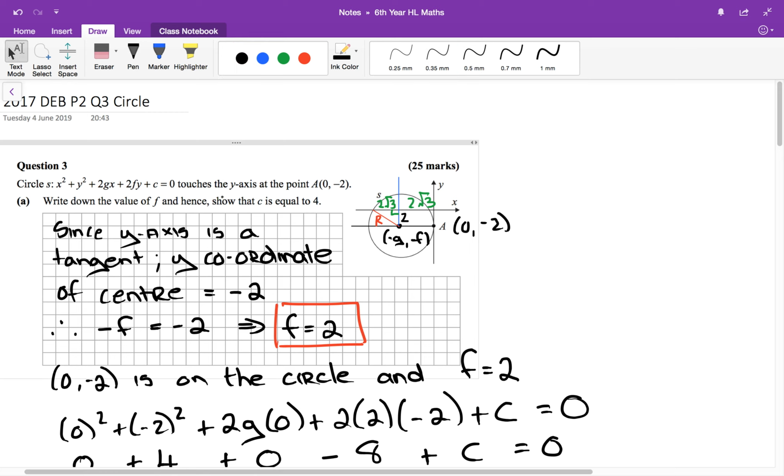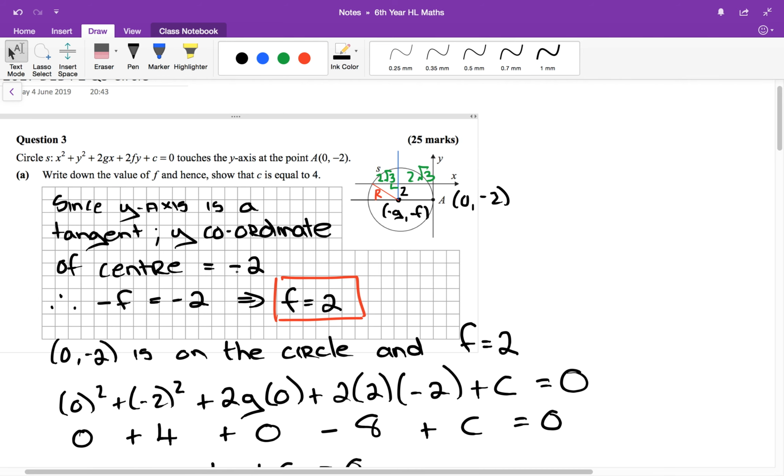And the second part was hence show that c is equal to 4. You can do it using that radius thing like I did earlier, but I thought this was a bit nicer. So 0, -2, that's the point A, is on the circle, and we know that f equals 2. So take this equation up here and put in 0 for x, -2 for y, and f equals 2.